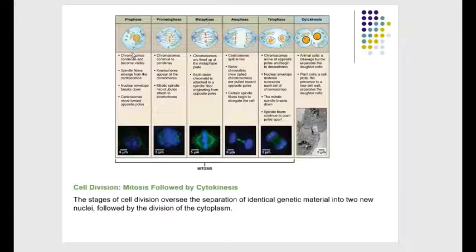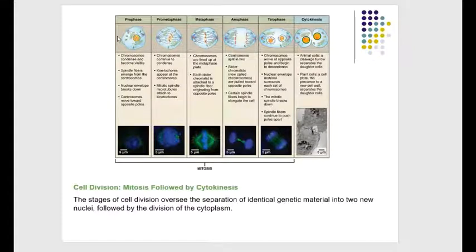Since then, they've added this additional phase called prometaphase. So there are now 5 phases of mitosis. Mitosis is cellular division, and it is the division of the genetic material into 2 nuclei and 2 sister cells, okay?